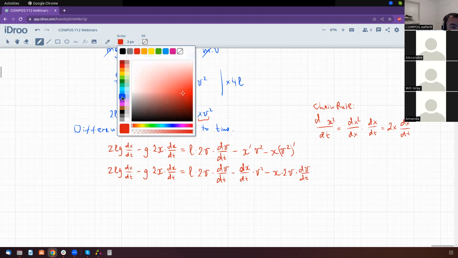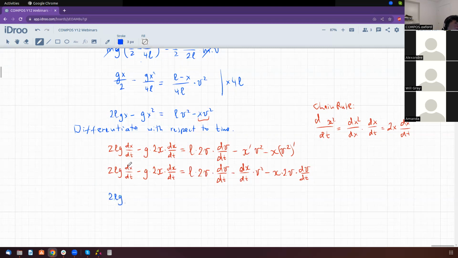Okay, and now we can write this: 2Lg, well, dx/dt is v, minus g times 2x dx/dt, minus 2gxv equals 2Lv multiplied by acceleration minus, this is dx/dt, so that's v multiplied by v squared, minus 2xv times acceleration.